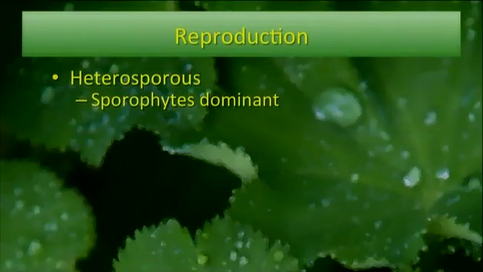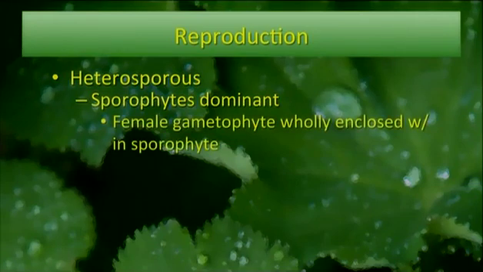In this heterospory, the sporophytes are even more dominant in the angiosperms than in the gymnosperms. The female gametophyte is completely enclosed within the sporophyte and completely dependent upon the sporophyte. So the sporophyte actually has another maternal investment in the offspring of the next generation.